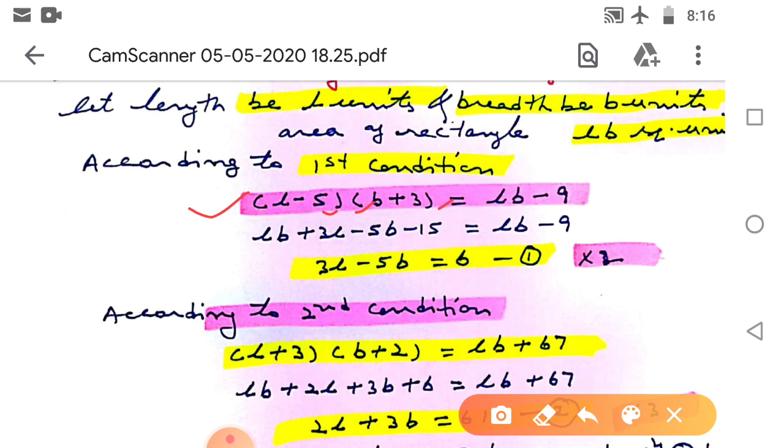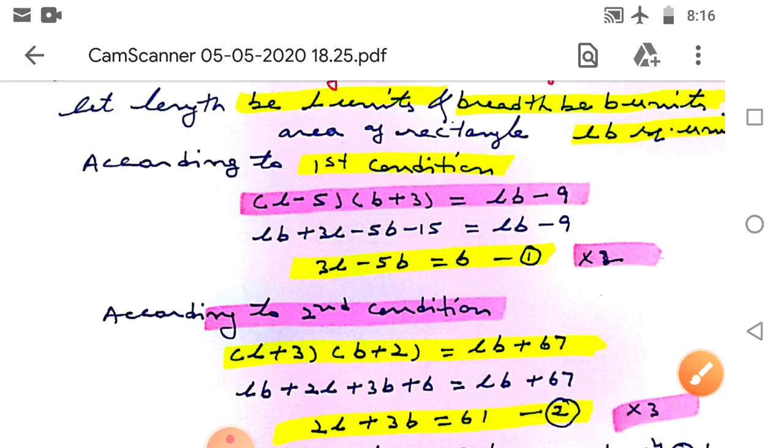So the area will be L minus 5 into B plus 3, and it is equal to the area reduced by 9 square units. Initially the area was LB, but now we have to subtract 9 from this.